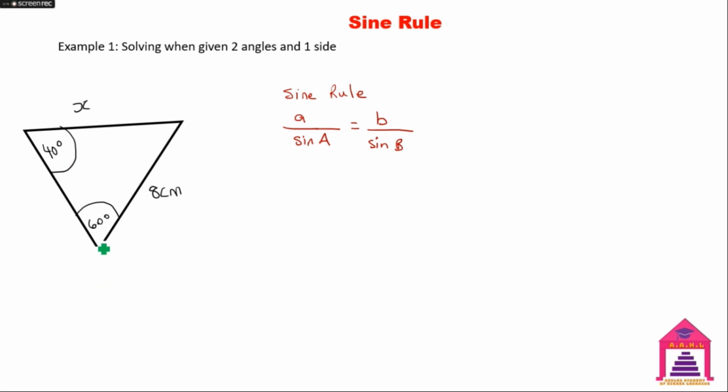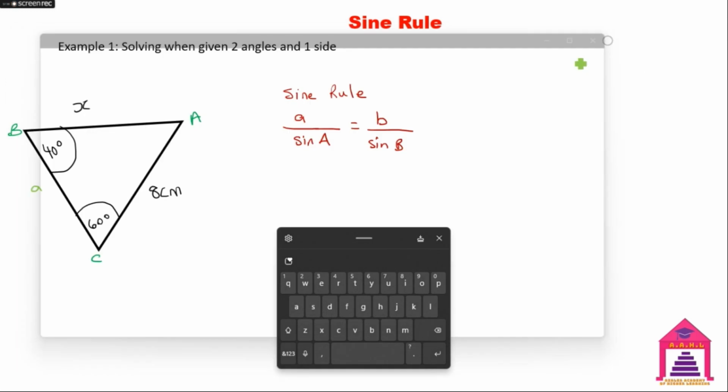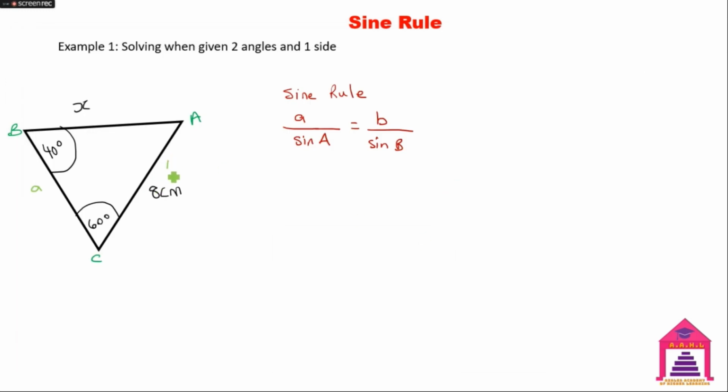We were given 2 angles, missing one side. So if we go A, B, C for vertices, it therefore means that this side will be a because it's directly opposite. This side would be b, and this side would be c.